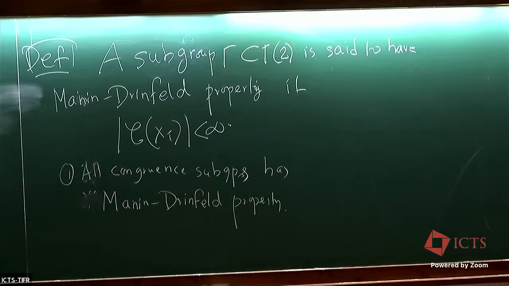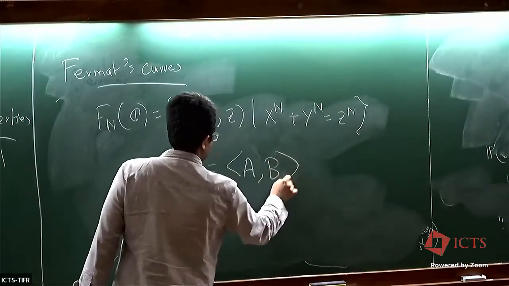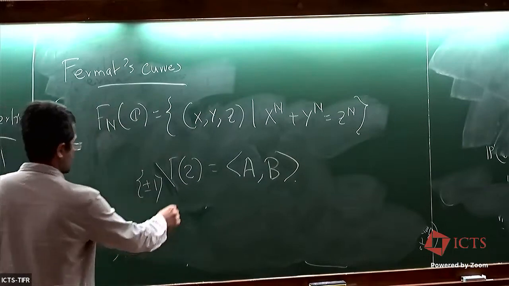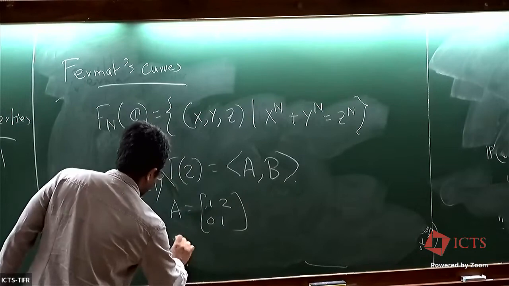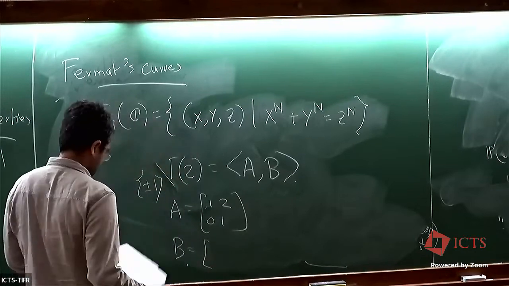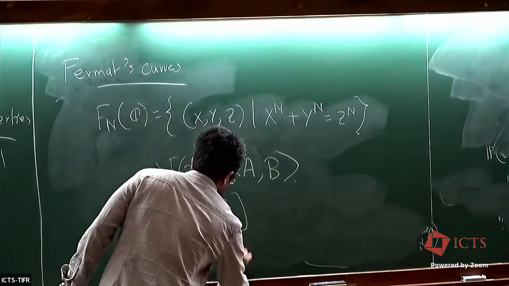This group gamma 2 plays a key role in this whole thing, because you have this gamma 1 modular, plus minus 1. This is generated by two nice matrices A and B, which is something special. A is given by 2, 0, 1, and B is lower triangular.